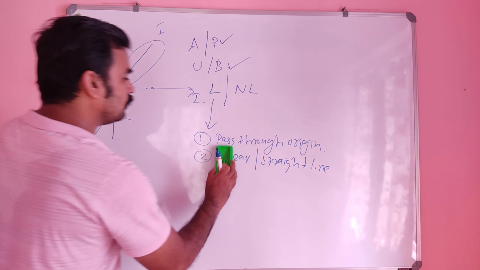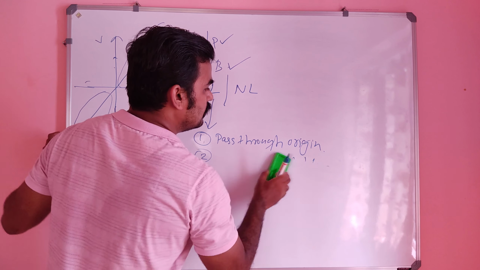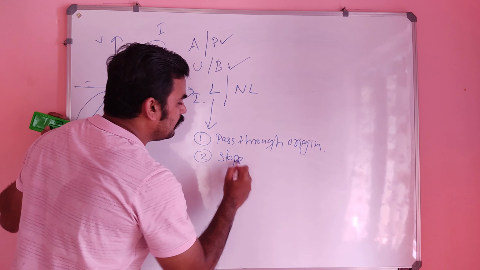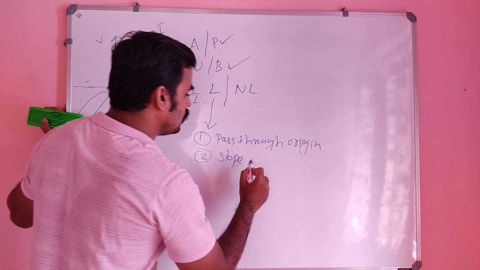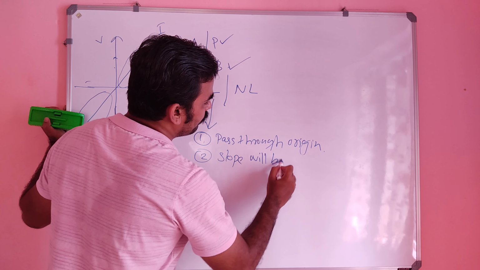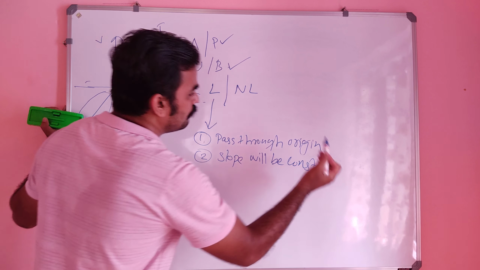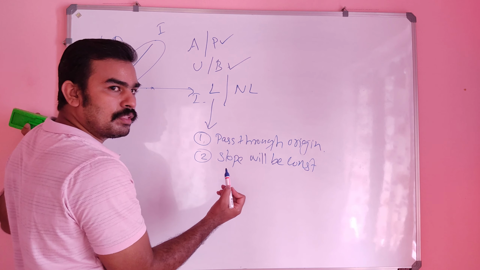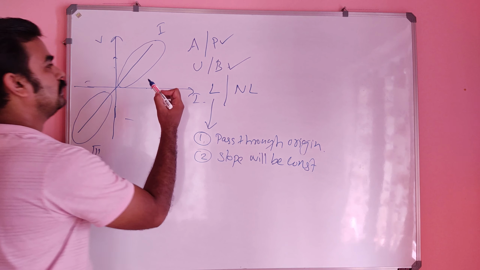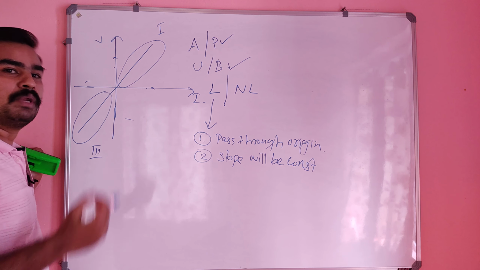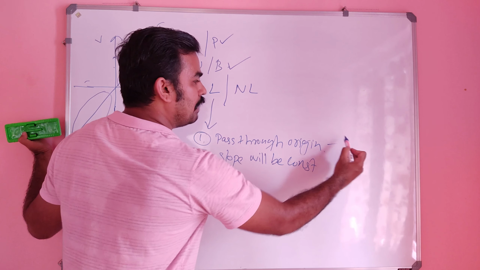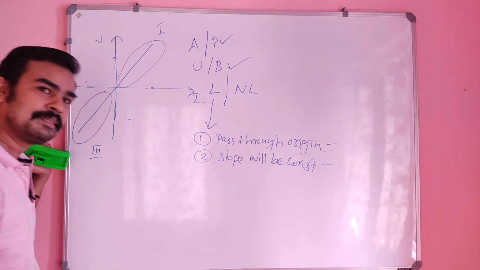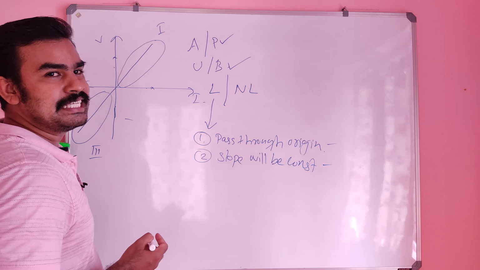Or in other words, in a clearer manner, we can say that the slope will be constant. Very interesting, this is actually the exact word: the slope will be constant. So by looking at these two conditions only, we can say whether the given element is linear or non-linear. We have to check that the graph passes through the origin, and that the slope is constant.